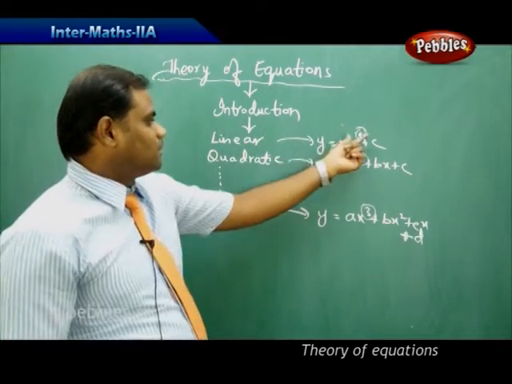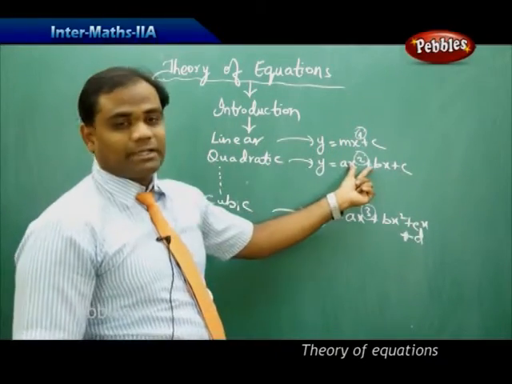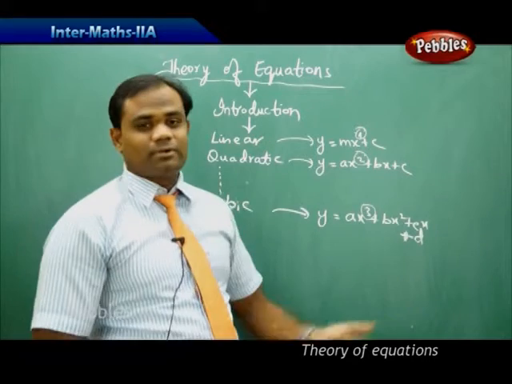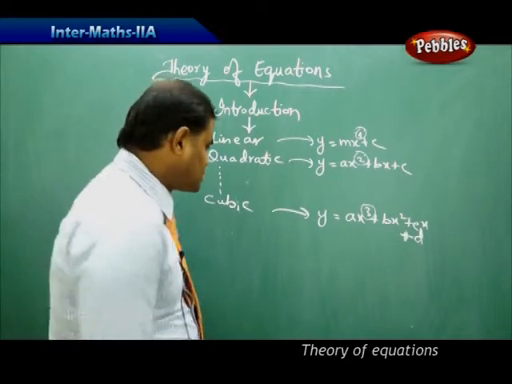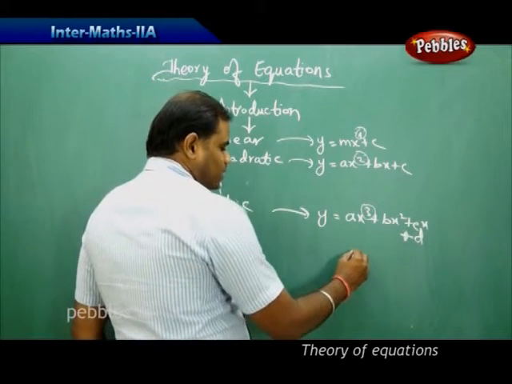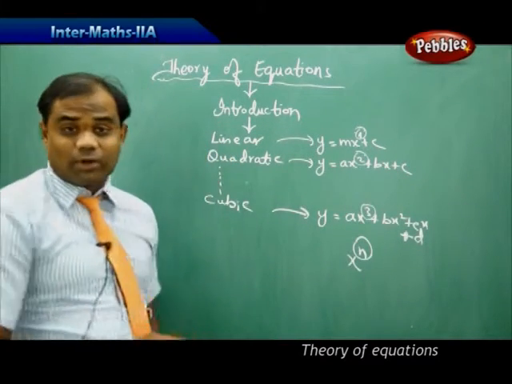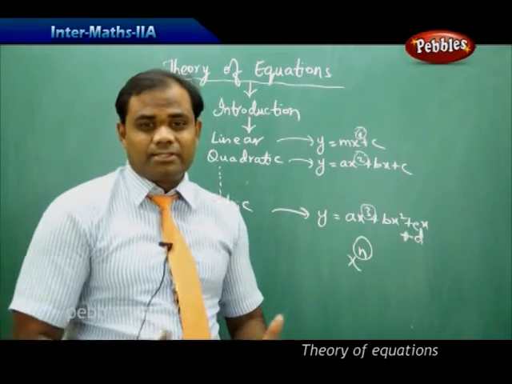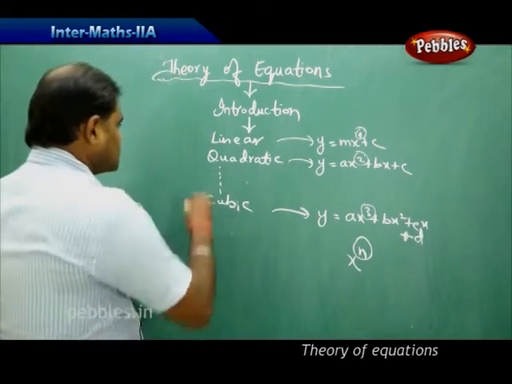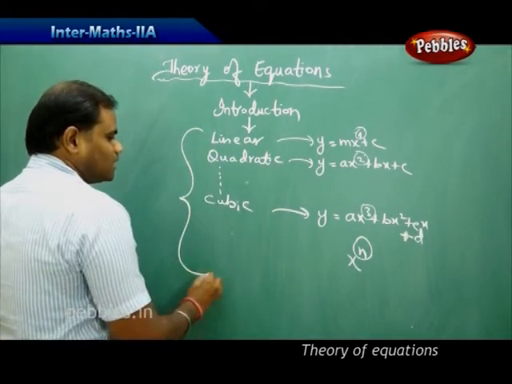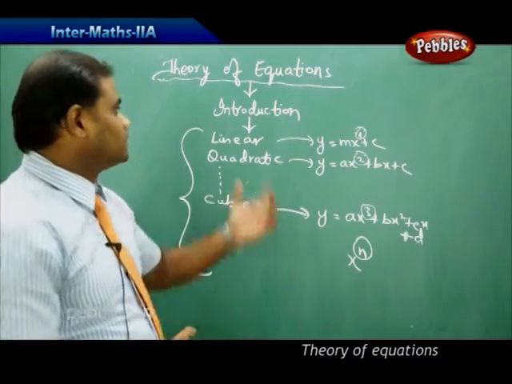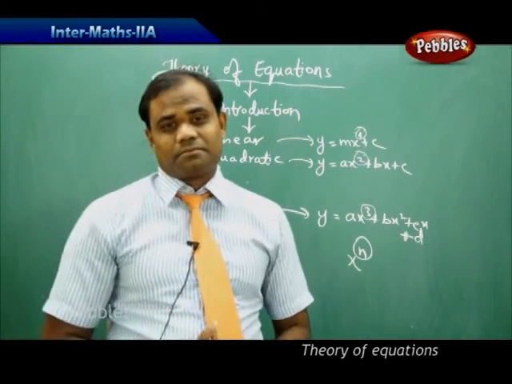Now what happens if I have an equation where the power is n is what we are going to discuss, and this theory of discussing each of the powers in its expressions is called theory of equations.